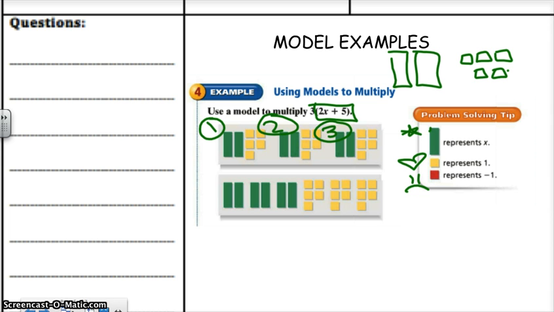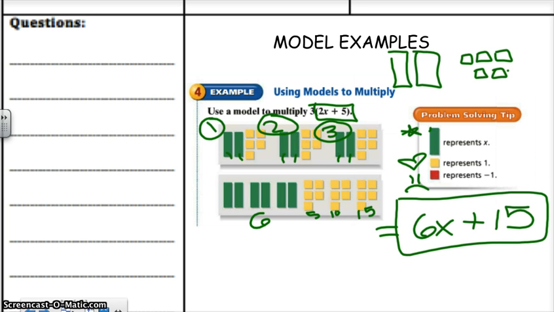Final answer, combine your x's. 1, 2, 3, 4, 5, 6. I have 6 here. I have 5, 10, 15 total. So it turns into 6x plus 15. And I think in a couple of your problems, it asks you to utilize the model. And this example is on page 75, so if you need just a little refresher, you can look at that.